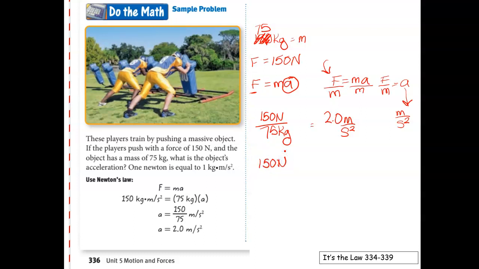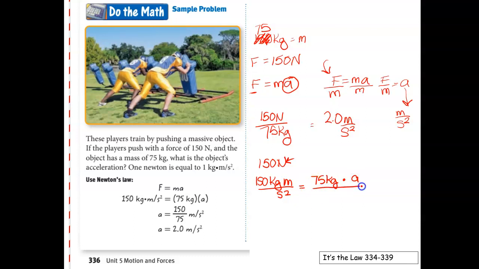And we know that we can break down this unit to kilograms times meters per second squared equals 75 kilograms times our variable acceleration.